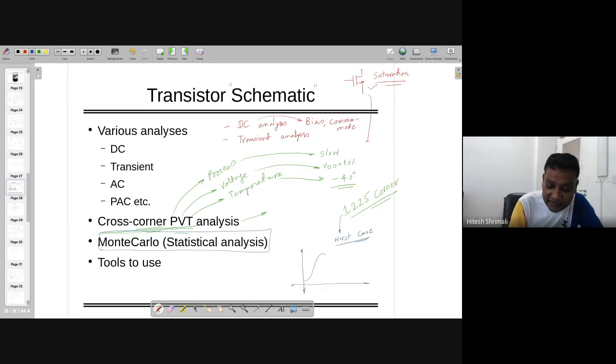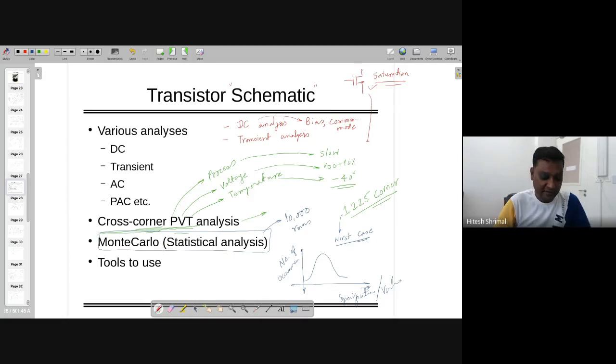And then you have to say what is happening. Generally for Monte Carlo in industry, we follow 10,000 runs. By the way, the y-axis is generally the number of runs or number of occurrences, and the x-axis is the specification. I made a mistake there. It has to be the specification or the value over here.